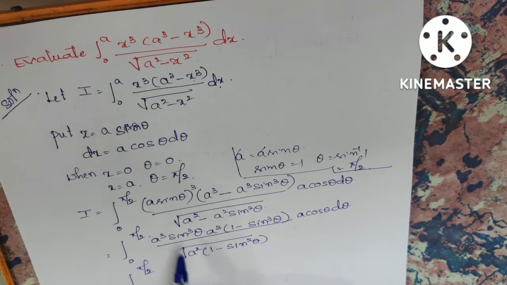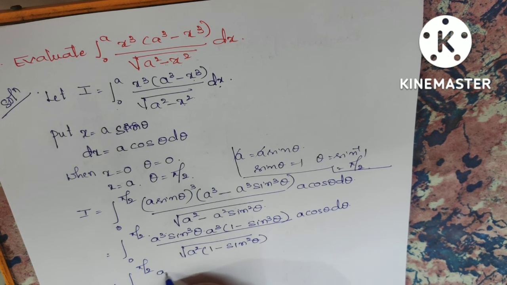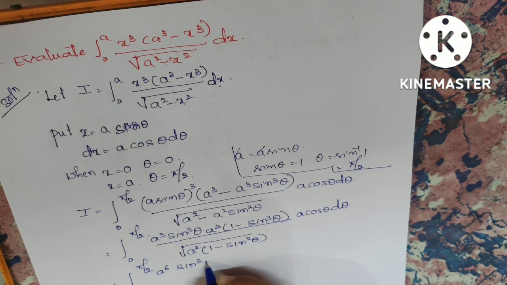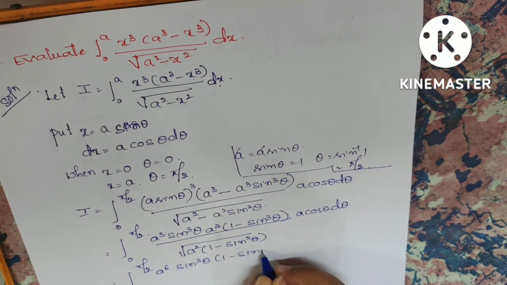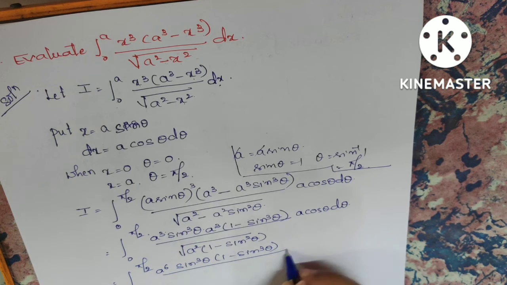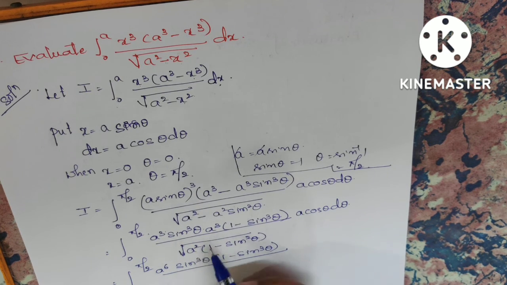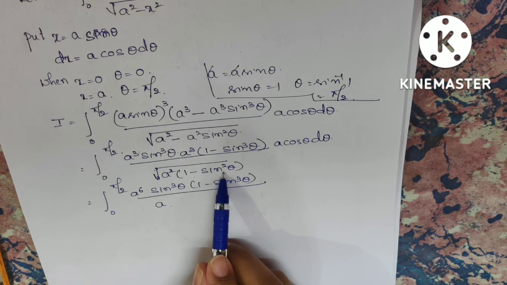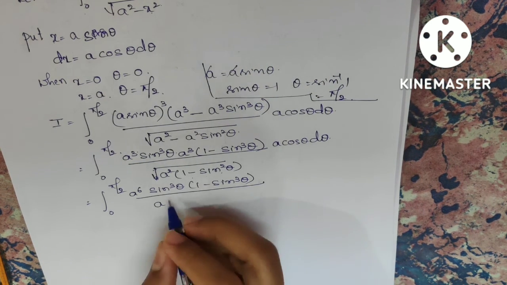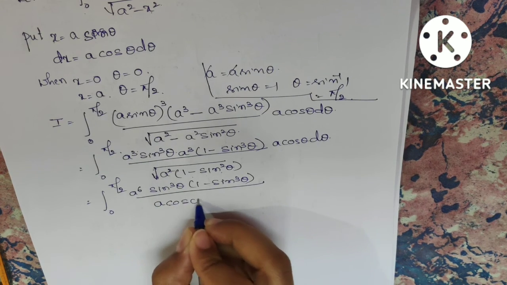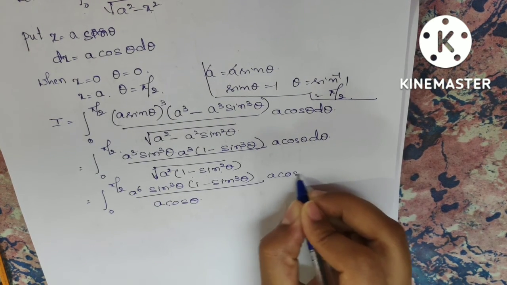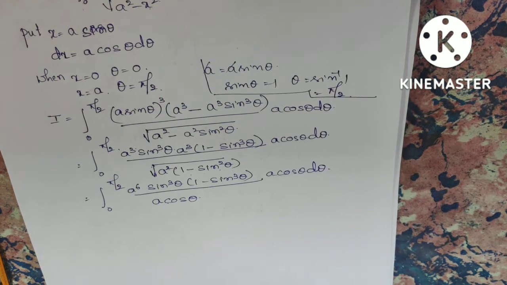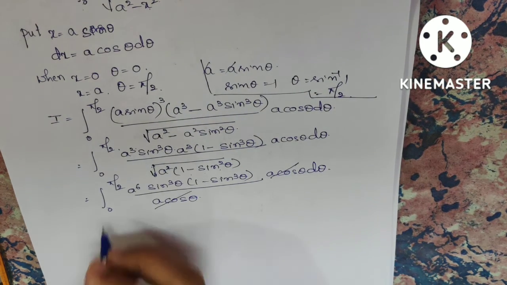Equals 0 to pi/2, a cube into a cube is a to the power of 6, sin cube theta (1 minus sin cube theta) by a square. I have square and root, which will get cancelled. The remaining will be, here I have 1 minus sin square theta. 1 minus sin square theta is cos square theta. Here square and root will get cancelled. The remaining will be cos theta into a cos theta d theta. Here a cos theta will get cancelled.